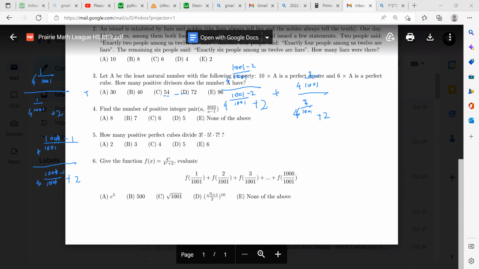So for example, the middle term would be when this number is 500 and 501, and they can still be written as 500 and 1001 minus 500. Wait, 1001 minus 500 is 501. So yeah, you can rewrite every term like this.